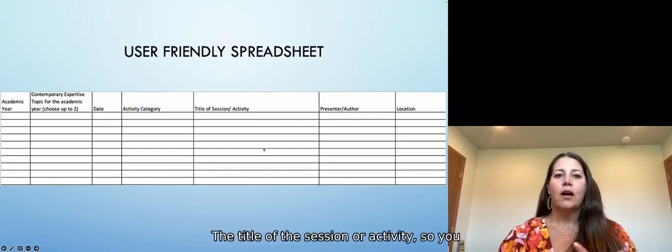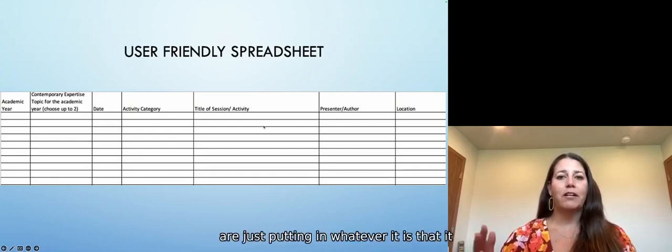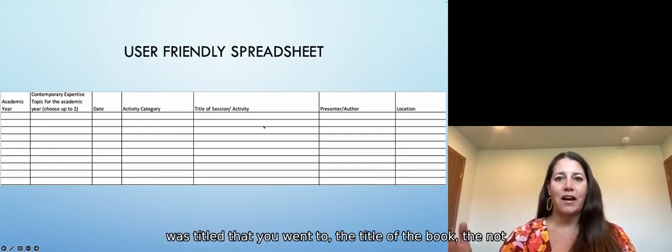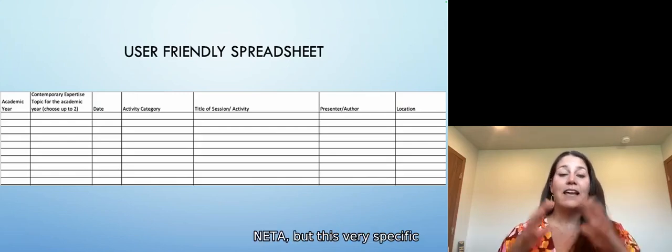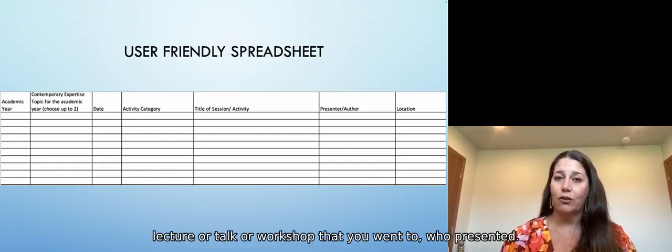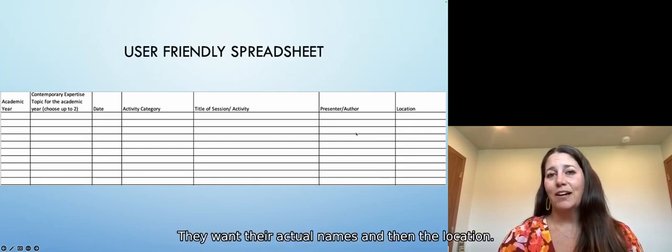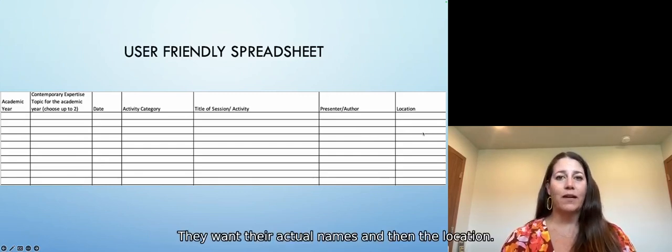And so the title of the session or activity, so you are just putting in whatever it was titled that you went to, the title of the book, not NATA, but this very specific lecture or talk or workshop that you went to, who presented. They want their actual names, and then the location.